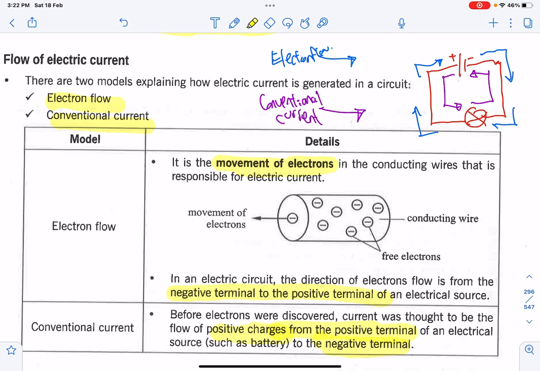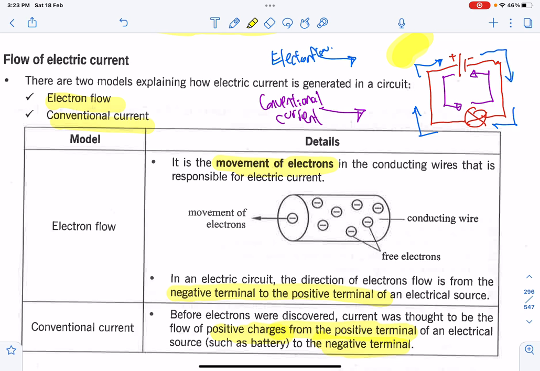For electron flow, it's from the negative terminal moving towards the positive terminal, whereas for the conventional current, it's the one in purple, from the positive terminal moving to the negative terminal. So it moves in the opposite direction.